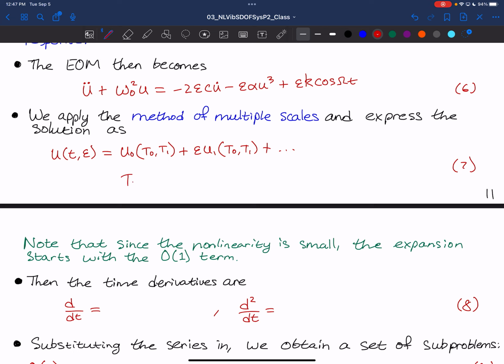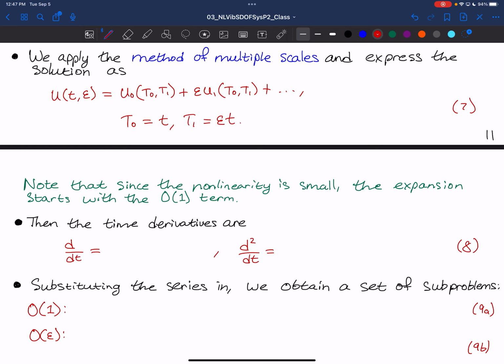Okay, so in this case, T0 is simply equal to t, and then T1 is again equal to epsilon times t. In which case we start with epsilon to the power 0.